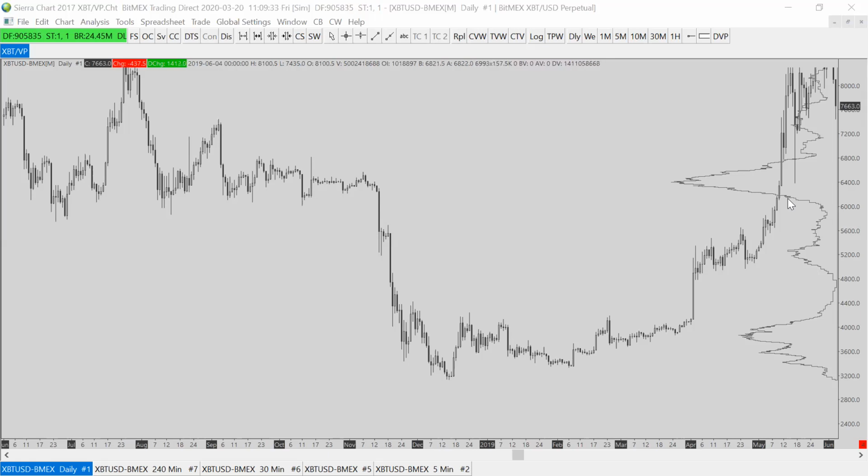And we'll start by covering false breaks. Trading false breaks is a massive part of my edge, so it should be a good one.